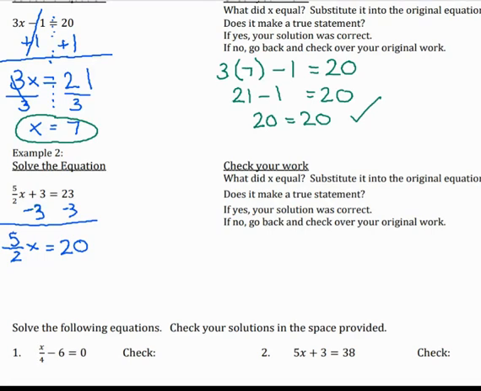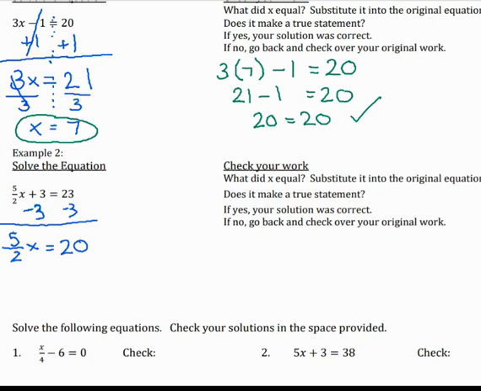Okay, here's where I have that fraction. And it's a fraction being multiplied. So if I want to undo multiplication, I need to use division. But how do I divide fractions? Someone in the classroom is going like this with their hands. Flip. And exactly.